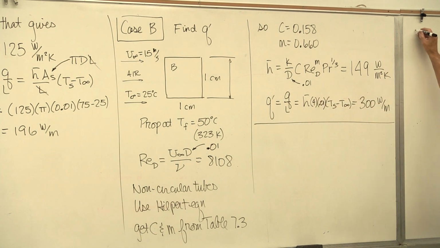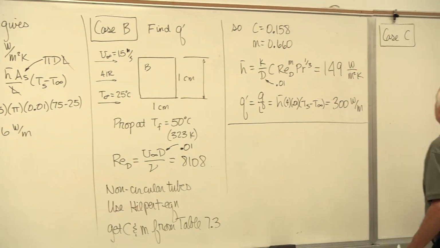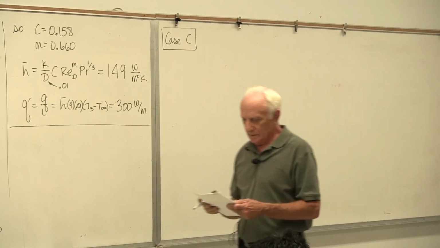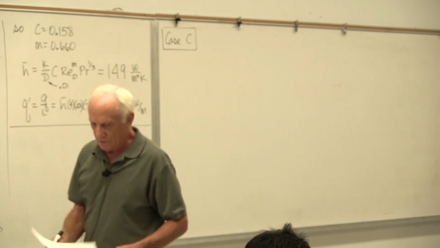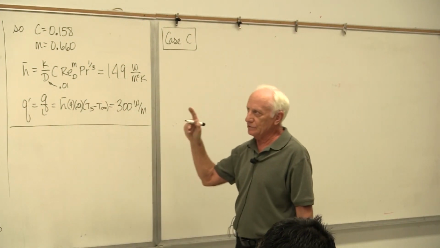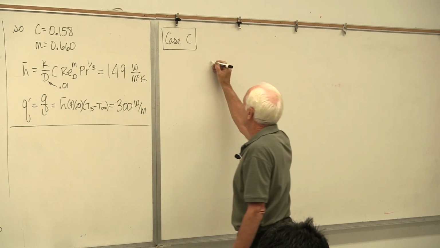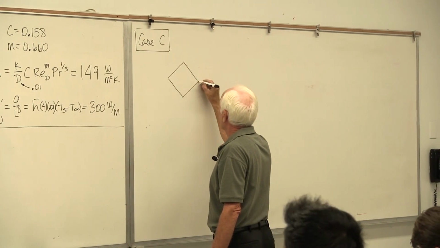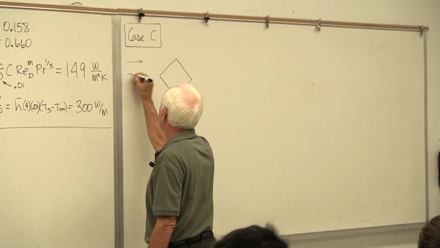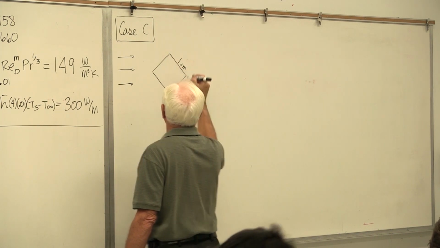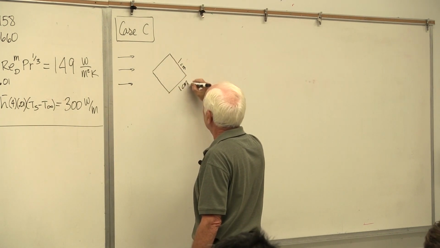Now we'll do a case C. Case C, what I'm going to do now is I'm going to rotate that square tube by 45 degrees. Rotate the square tube by 45 degrees. So now the point is facing forward. This is still 1 centimeter and 1 centimeter.